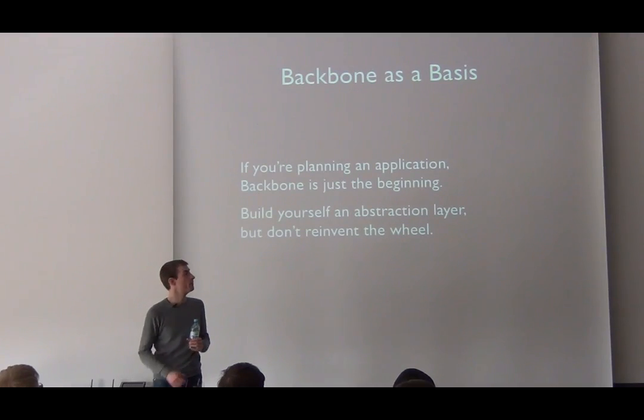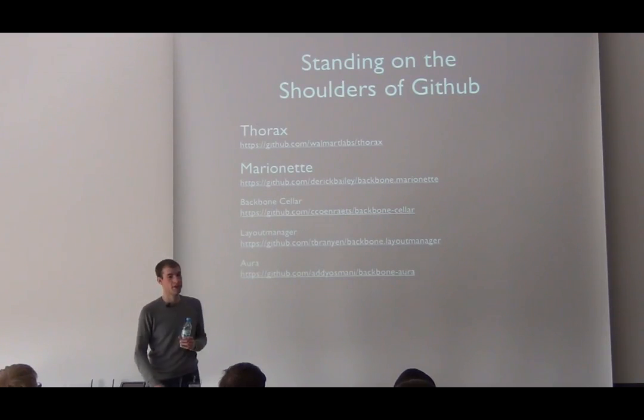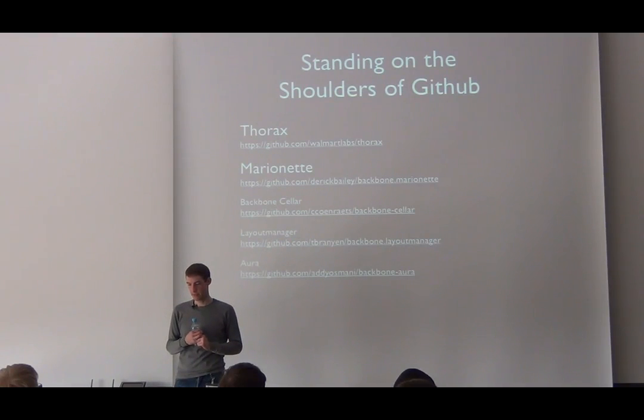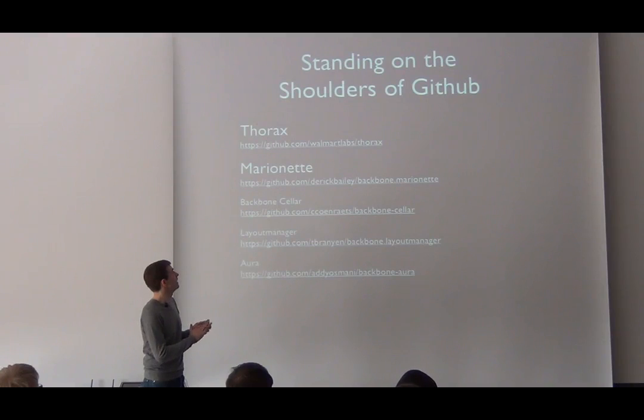And fortunately, you can stand on the shoulders of giants. In this case, the shoulders of GitHub. There are interesting and very mature projects, I think, which build upon Backbone. Most of them are, I would say, plugins for Backbone, but others are frameworks. For example, Thorax from Walmart Labs.